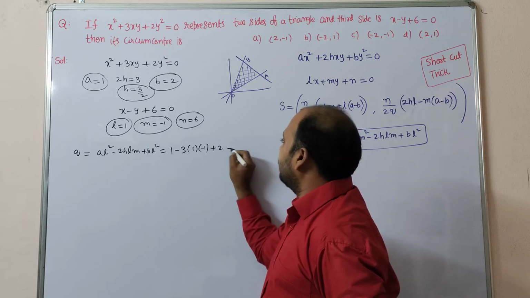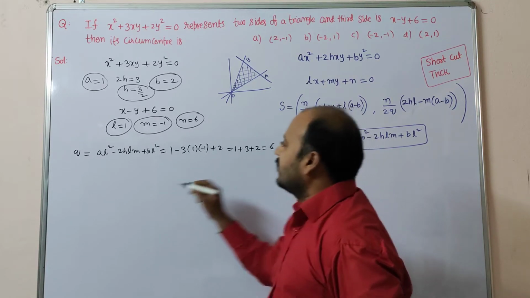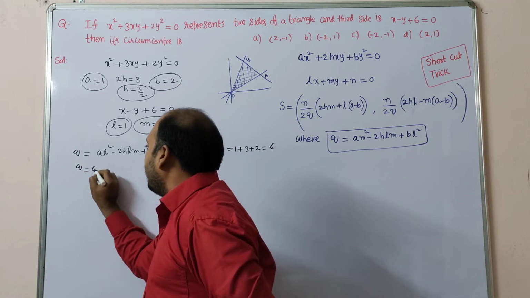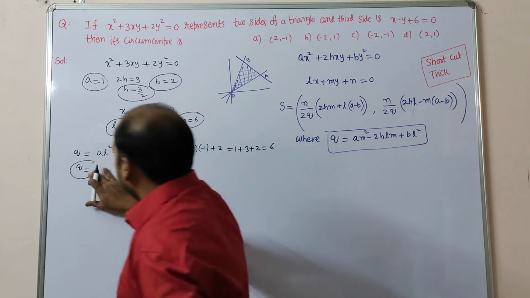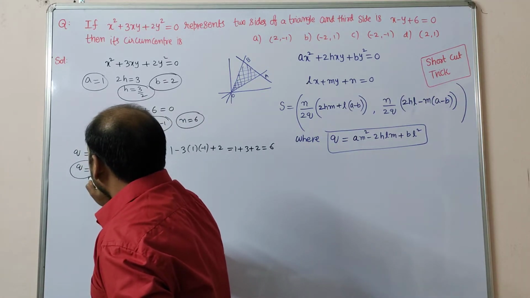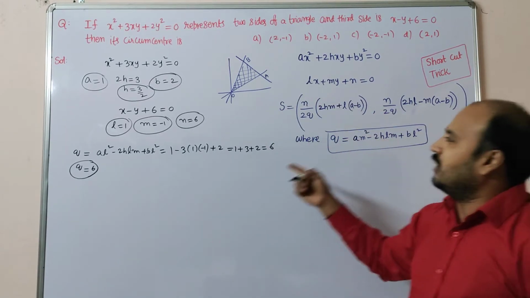So minus into minus is plus: 1 plus 3 plus 2, which is equal to 6. Therefore the Q value we got is 6.